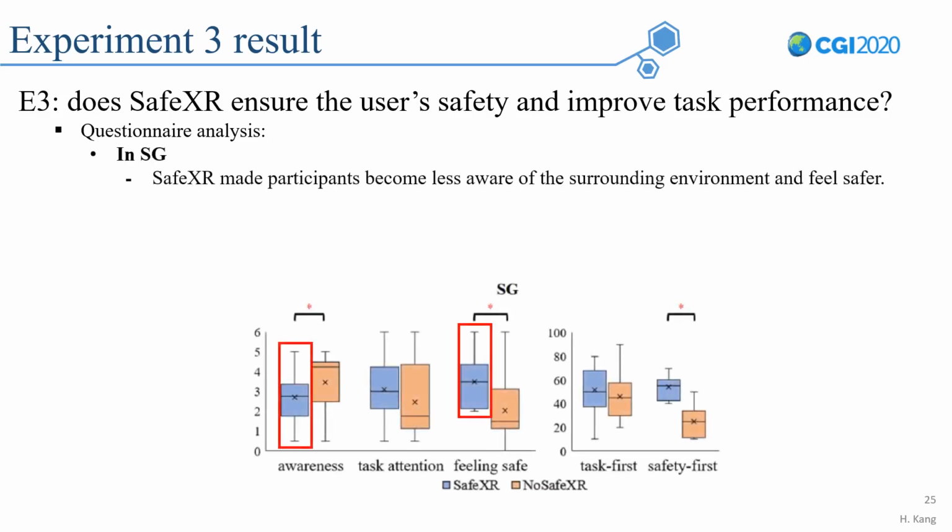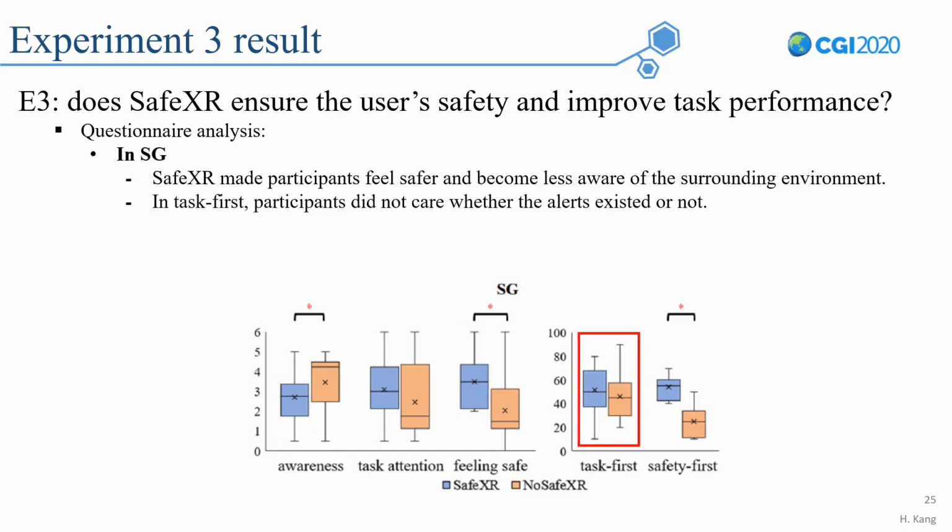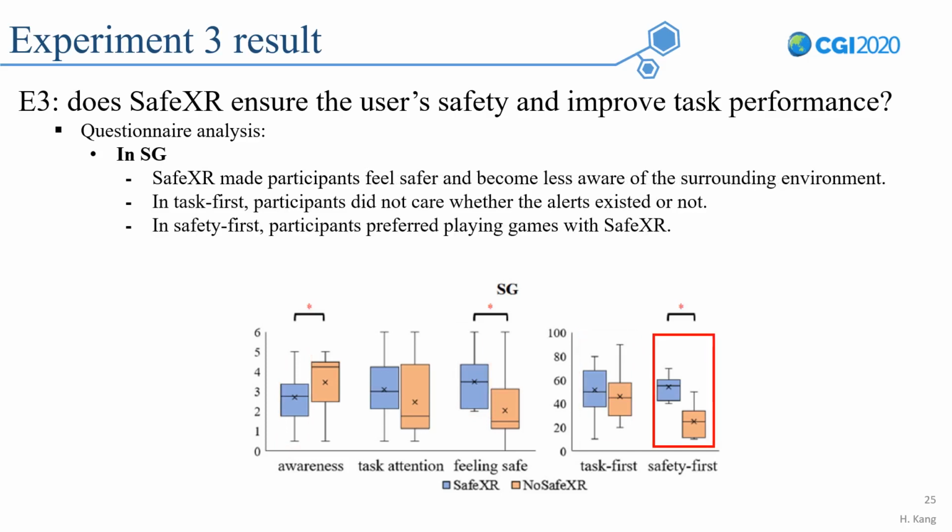In SG, SafeXR made participants become less aware of the surrounding environments and feel safer. When their priorities were on the games, they did not seem to care whether the alerts existed or not. When their priorities were on safety, however, they preferred playing games with SafeXR.